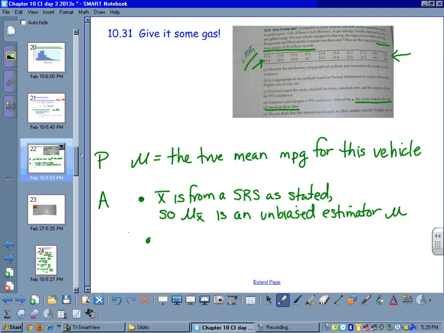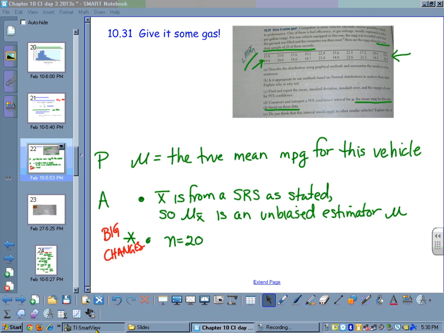The next part is where we have big changes compared to what we did in the p-hat world. We have an n equals 20. So we have to examine what the sample looks like. And if it looks like it's not much skew and definitely no outliers, then we can continue.